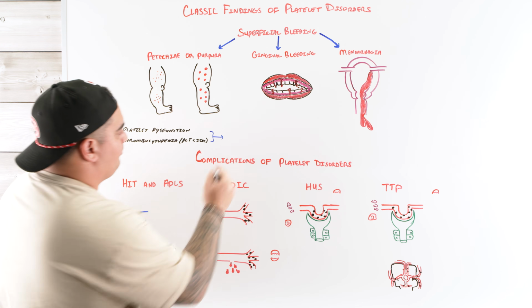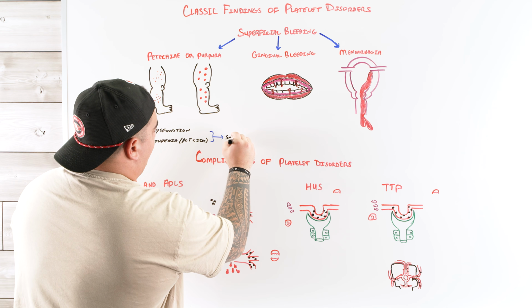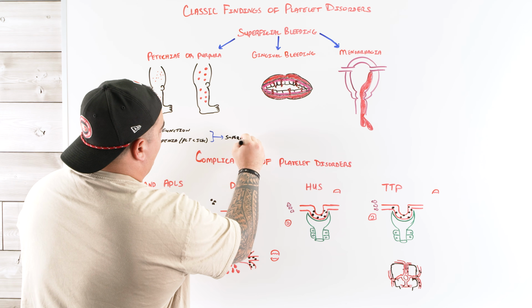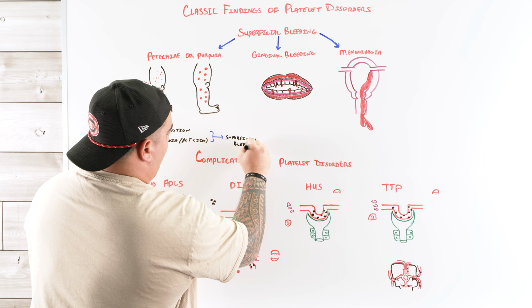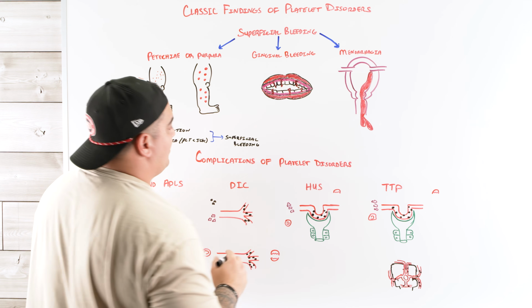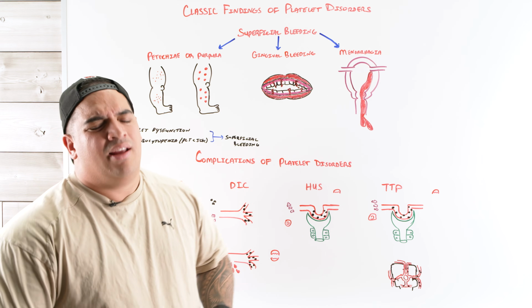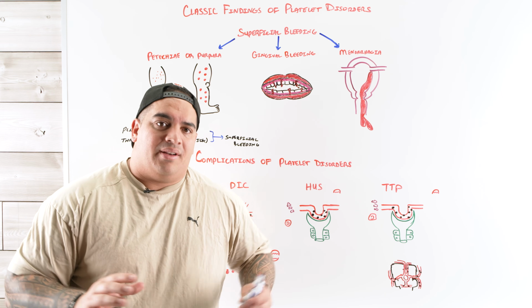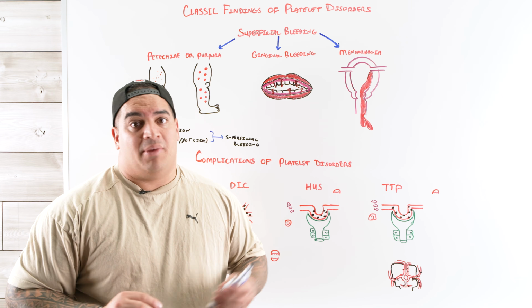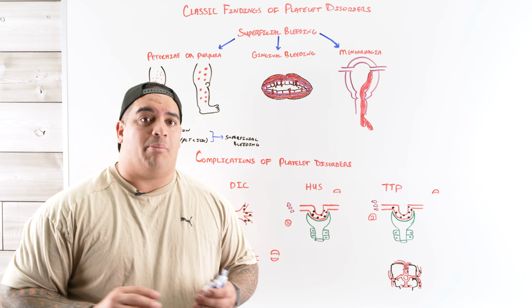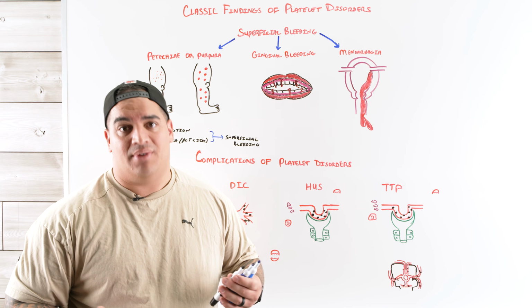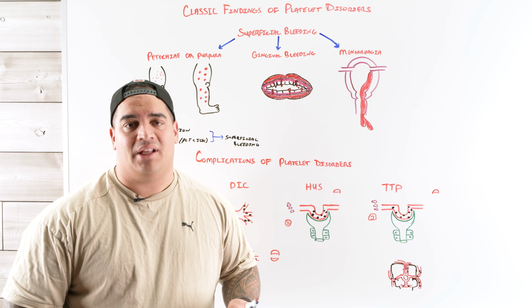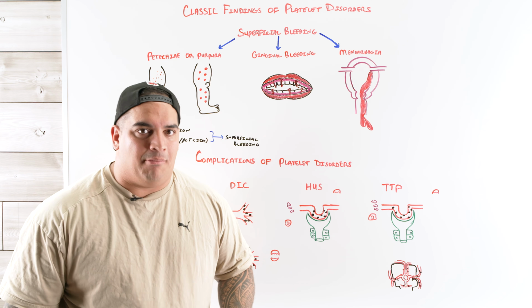All right. Now, it is pretty much unlikely that patients with platelet dysfunction can have severe bleeding. Maybe in von Willebrand disease type 3, where they pretty much make no von Willebrand factor or make no factor 8, they can get some ecchymoses, some hemarthrosis, some deeper types of bleeding, but it's not as common.